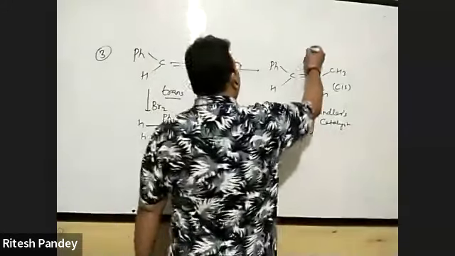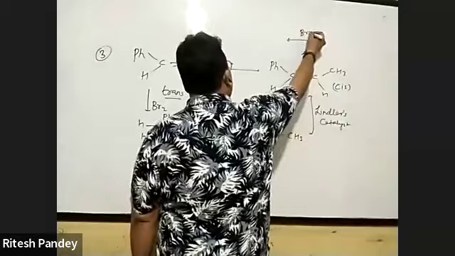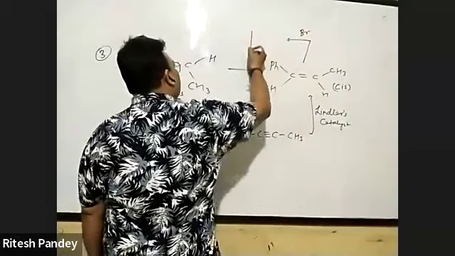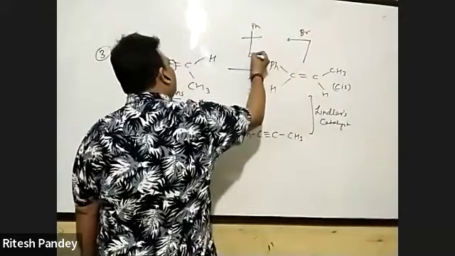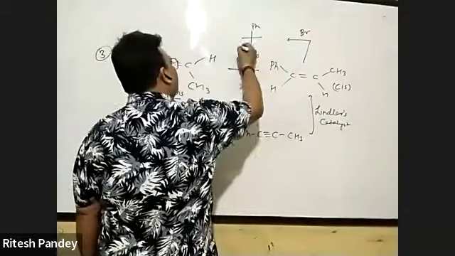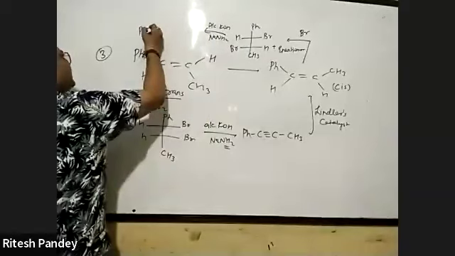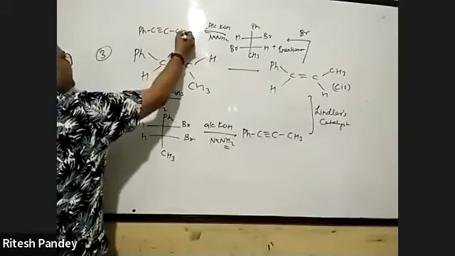This cis alkene on bromination could have given you again a dihalide plus its enantiomer. You understand this? And this again with alcoholic KOH and NaNH2 would give you PhC≡CCH3.